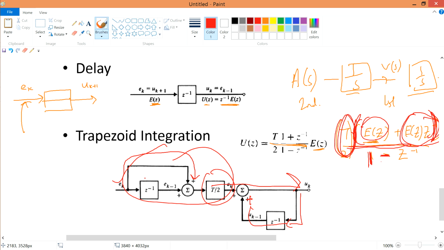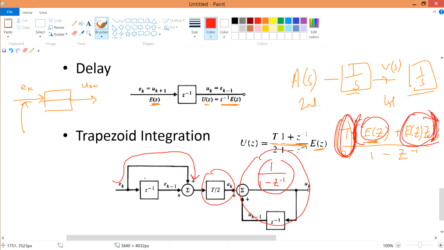Sorry, I shouldn't say that the whole thing is forward, because it's only this part that is forwarding, so it's just 1 over 1 minus z minus 1. So this whole thing over here is just only this one.